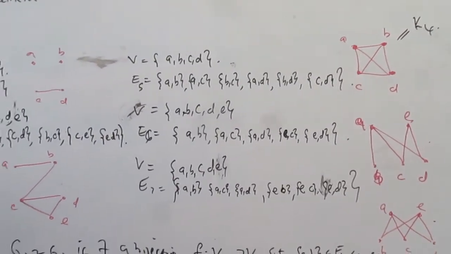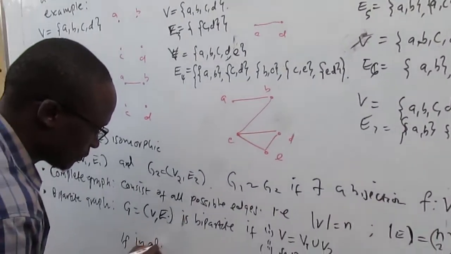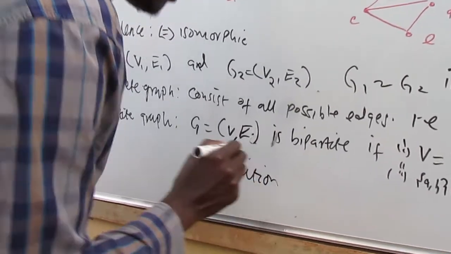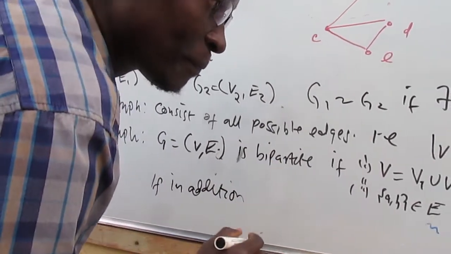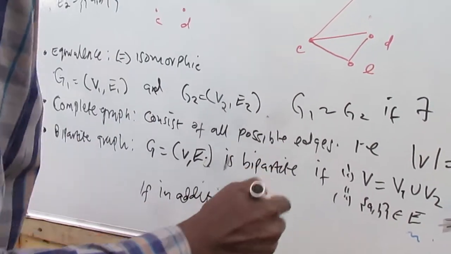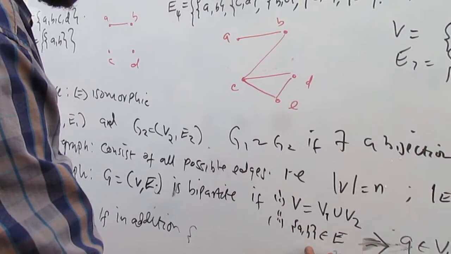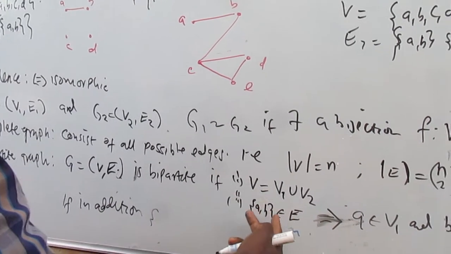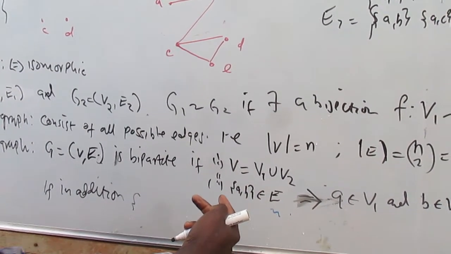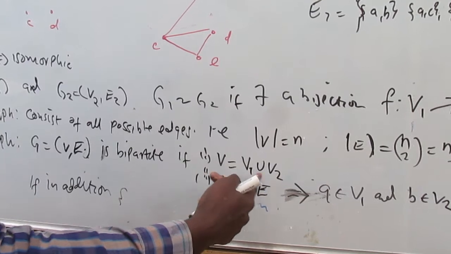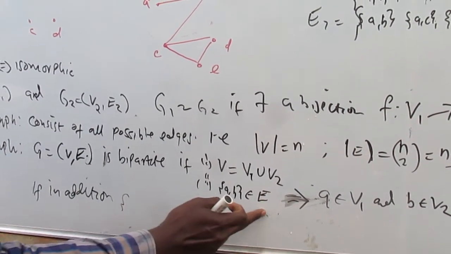So if in addition this bipartite graph comprises all possible edges from V1 to V2, then we'll say that this is a complete bipartite graph.